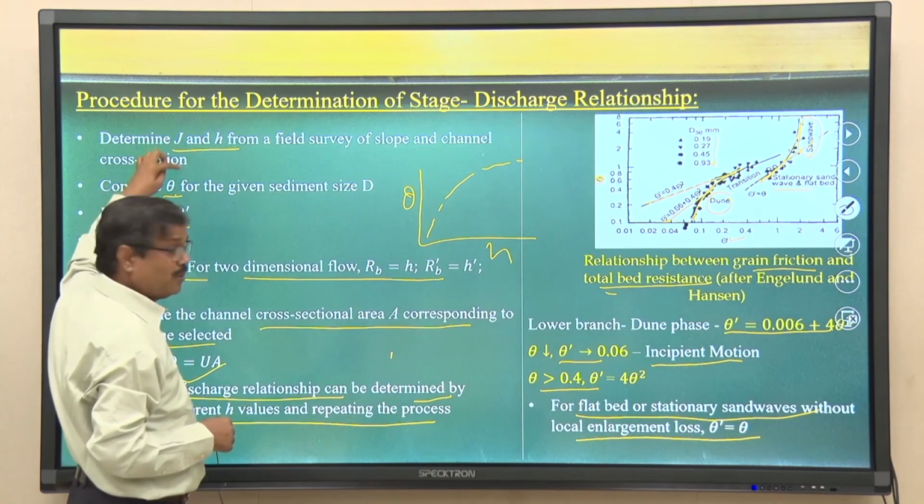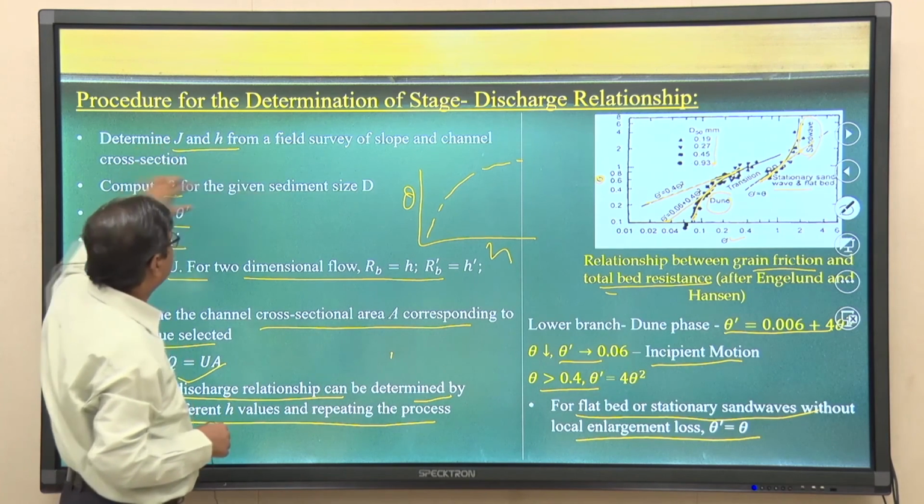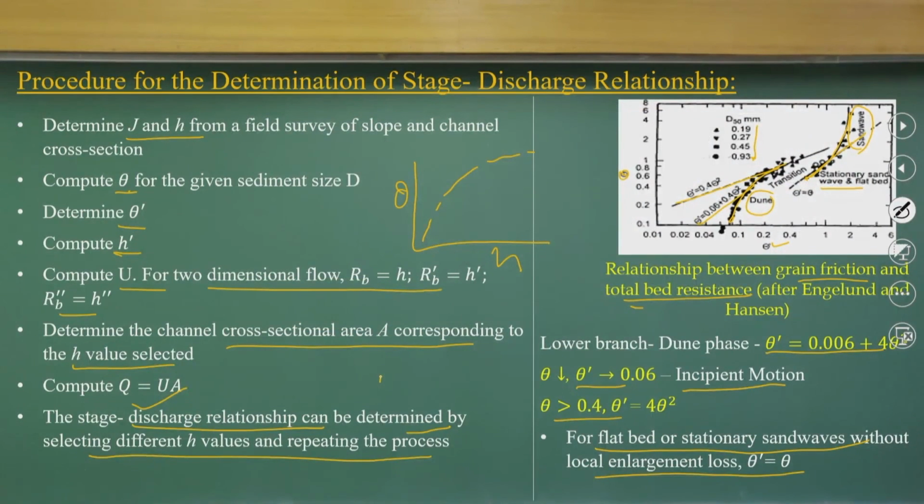If you have an H value and an energy slope, then from the cross section data you get the theta value, theta dash value, H dash, then use that relationship to find out the flow area and velocity, and compute the discharge. Again you compute for different H. That is the procedure, and finally you get the points and you can fit a curve to find out what the rating curve could be.